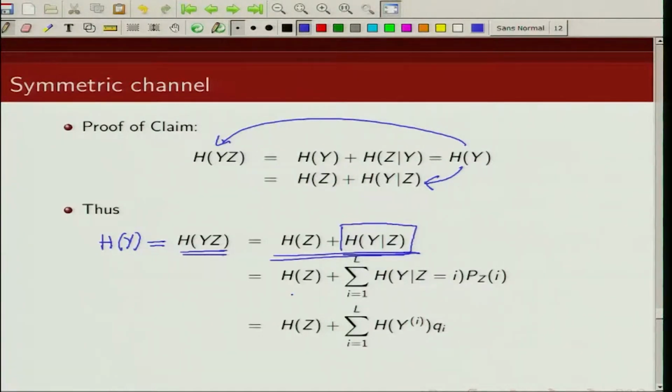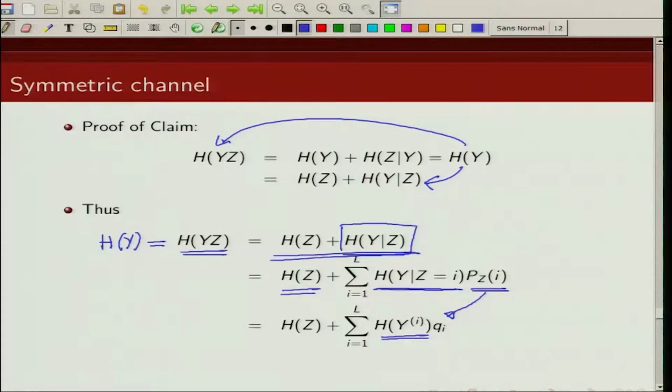Now let us expand this particular term. So I can write this as h of z plus uncertainty in y given z is i multiplied by probability of z is i. So this is from the definition of conditional entropy. Now this term is given by qi, and this uncertainty: given that I have selected ith channel, I know the output is yi.